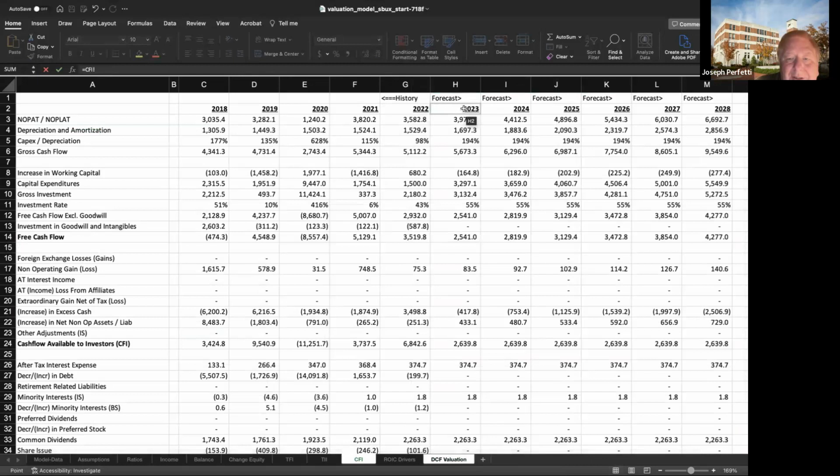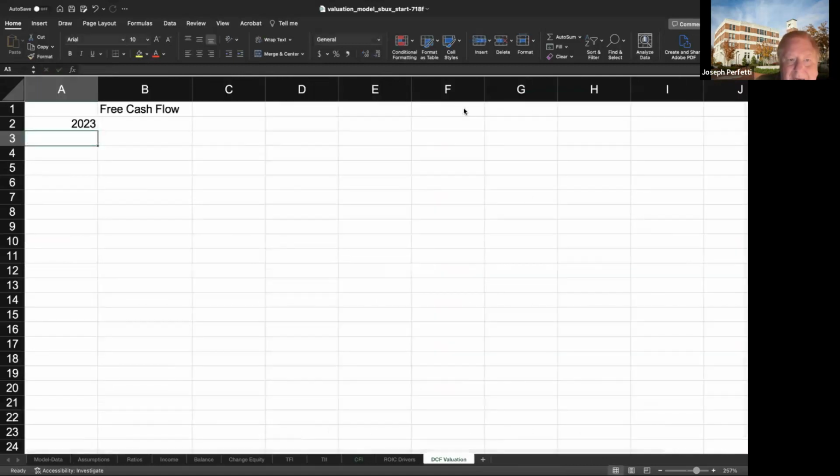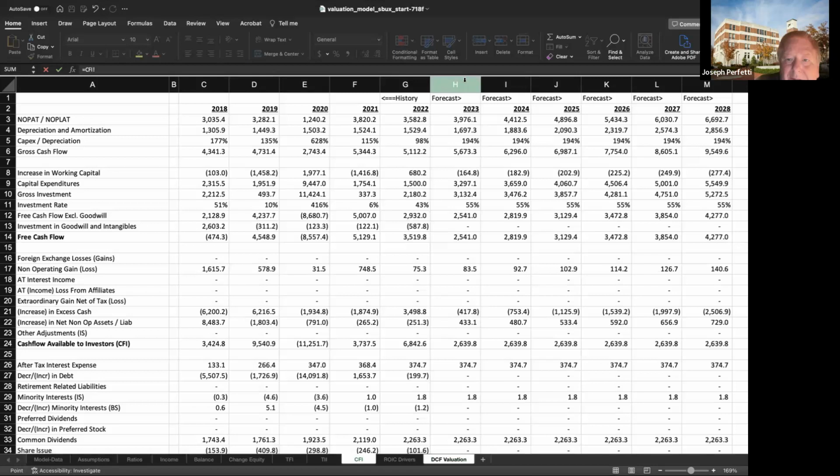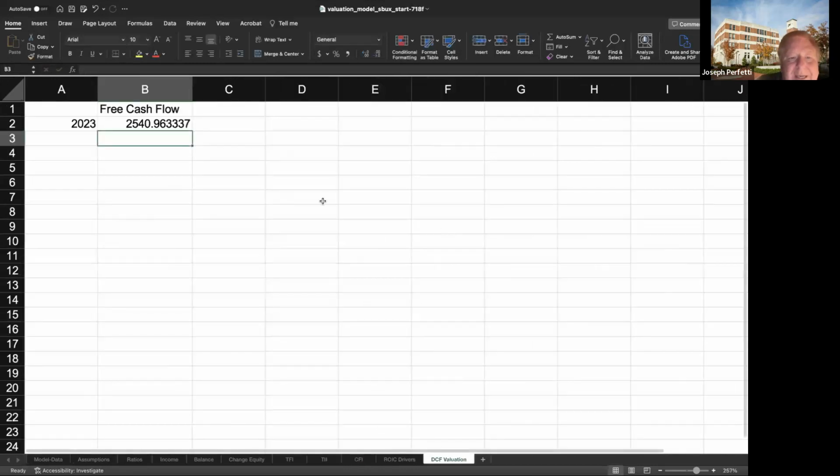My first year is 2023, a forecast. My 2023 free cash flow, cell B2 on my new tab, is off of CFI. 2023 free cash flow is H14 off the CFI, 2541. That is my forecast to one decimal place of free cash flow.